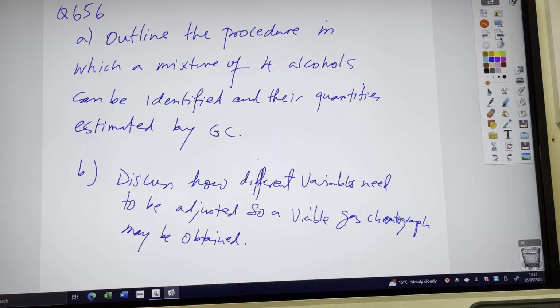Now, you will get questions like this quite regularly, identification of organic compounds, the procedures involved. But then there may be different approaches.